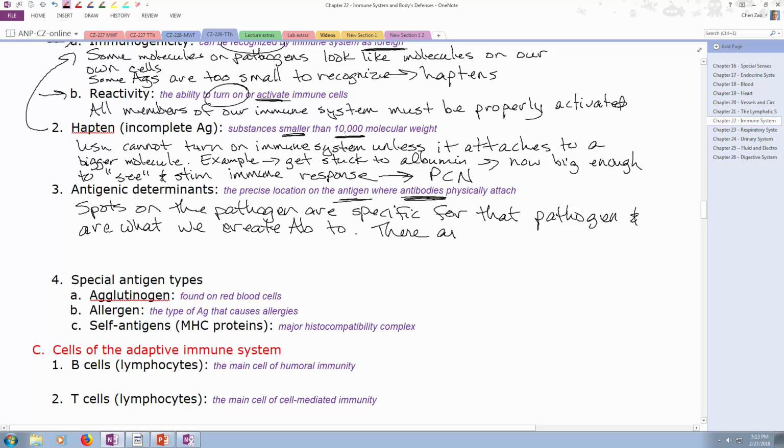There are often many different antigenic determinants per antigen/pathogen.